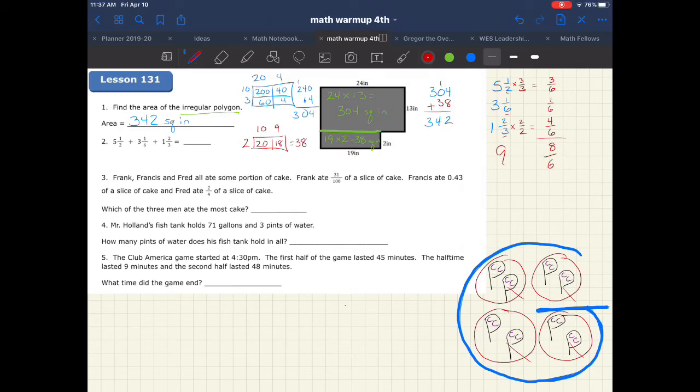So it's more than 1. So 8/6 can be thought of as 6/6 plus 2/6. That 6/6, of course, is 1. There's my fancy 1. So 8/6 is really 1 2/6.